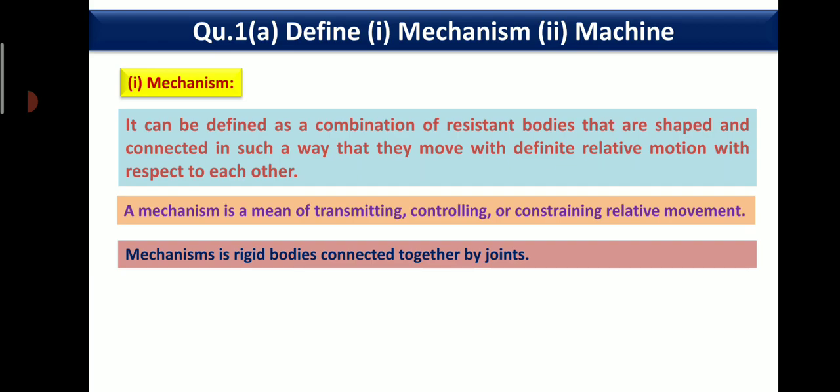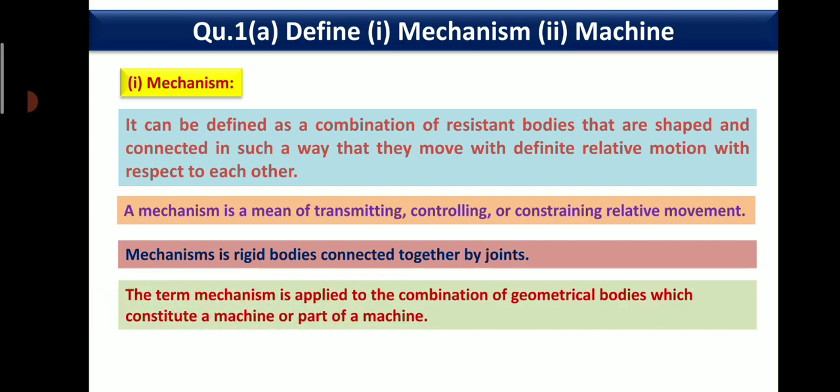Mechanism is rigid bodies connected together by joints. The term mechanism is applied to the combination of geometrical bodies which constitute a machine or a part of a machine. In this way we can define mechanism.